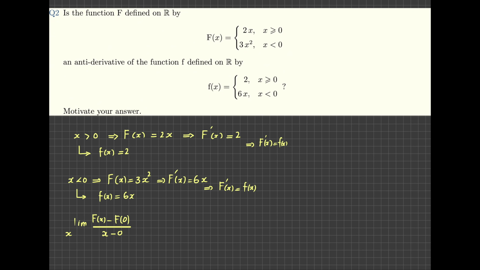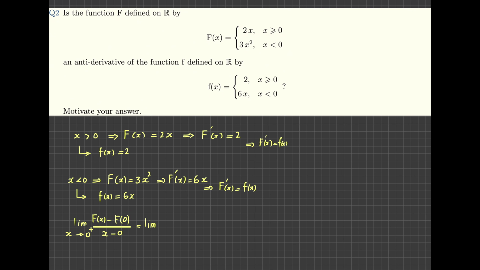But I am interested in calculating the right-hand derivative at 0 for the moment. So if x approaches 0 from the right-hand side, capital F of x follows this rule. But if I ask you what is capital F of 0, it should be calculated using the first rule again, but this time x is equal to 0, so capital F of 0 is indeed 0.